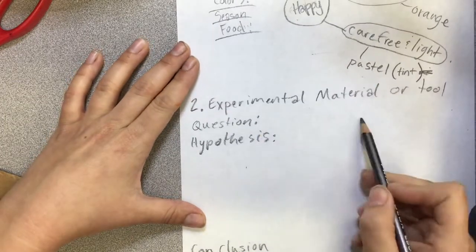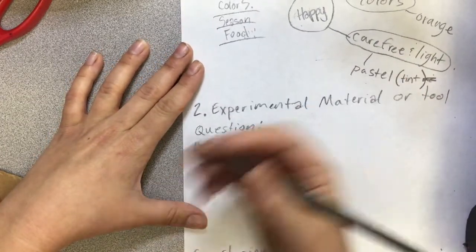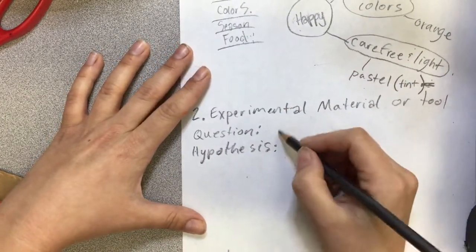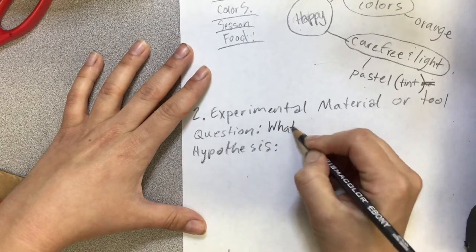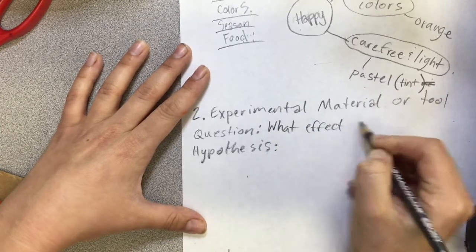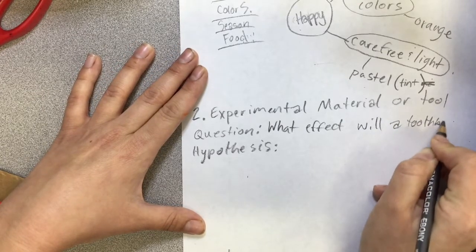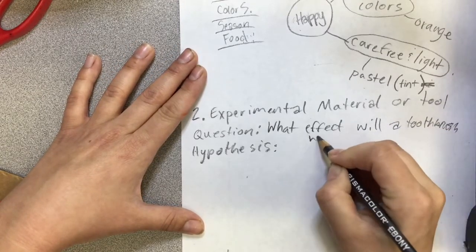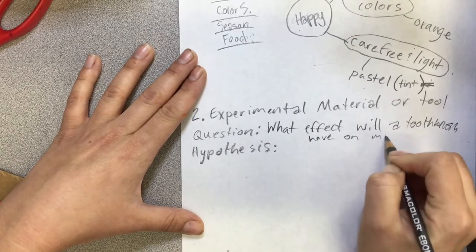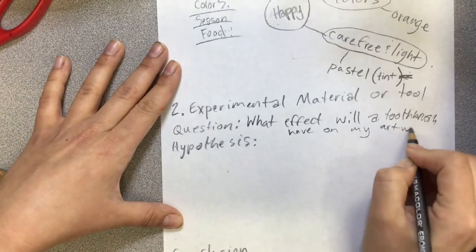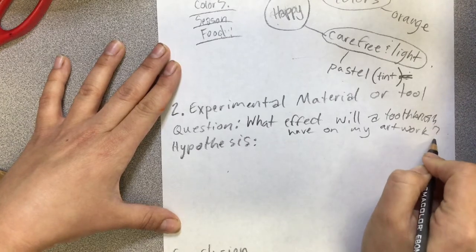So I'm gonna write down a question. So let's say that I wanna experiment with this toothbrush. So what effect will a toothbrush have on my artwork? And then I'm going to take a guess.